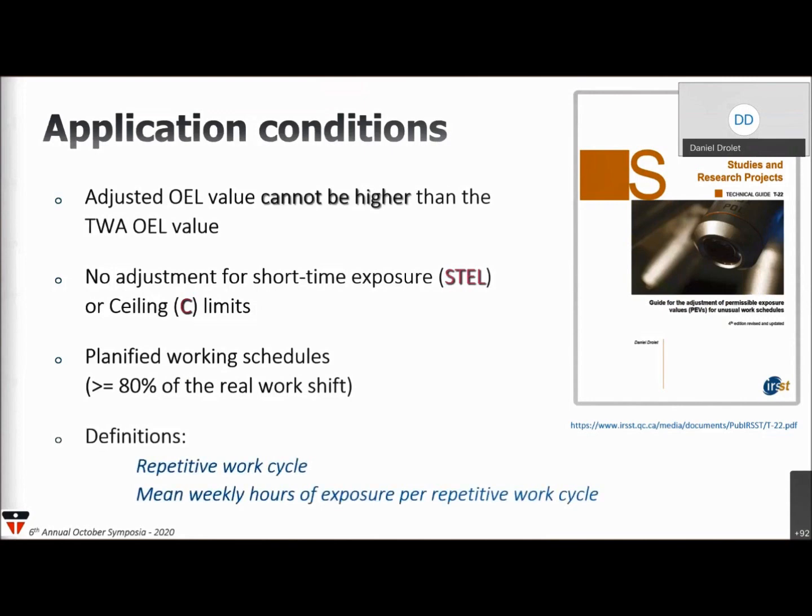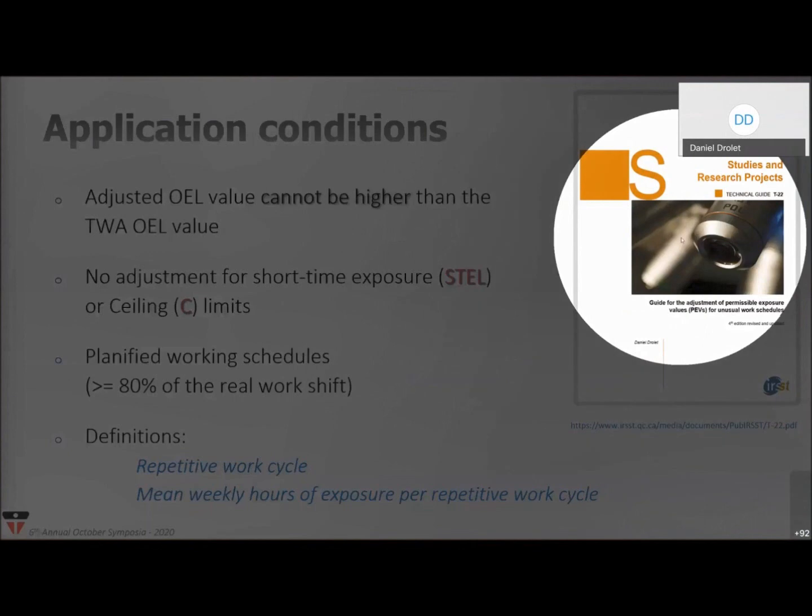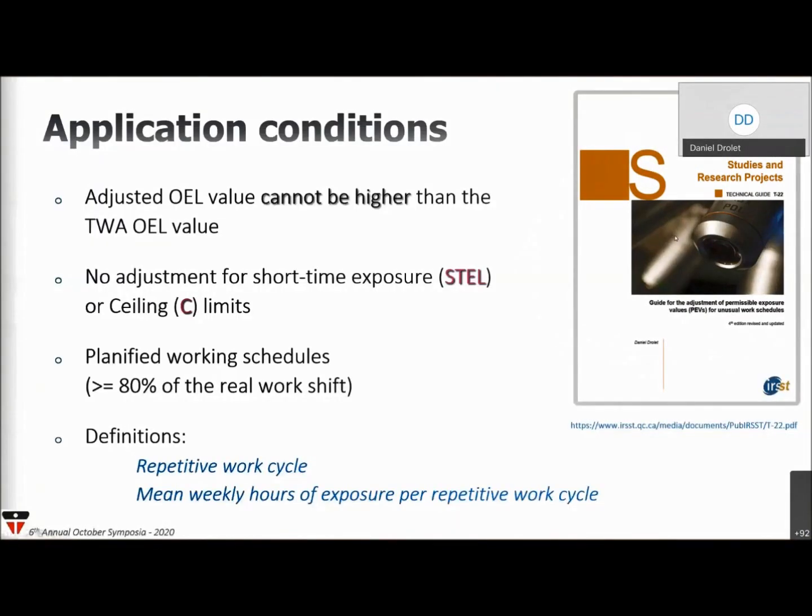And in the guide here, you have many definitions and explanations. You can download this guide, and this is the latest version published in 2015. There is another one in preparation because the values in Quebec have been changed recently.